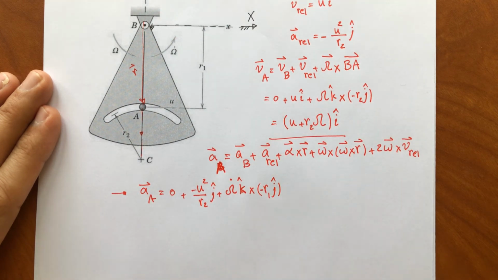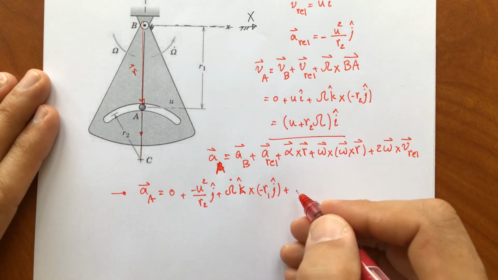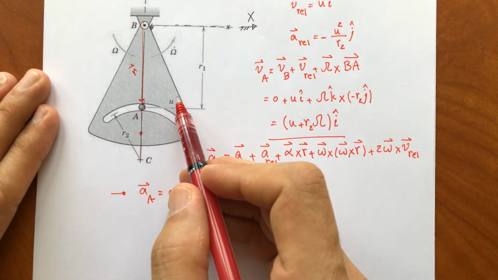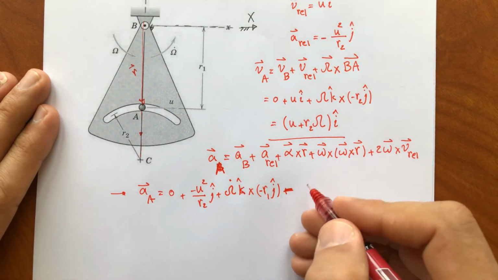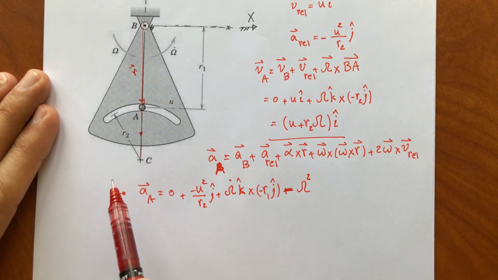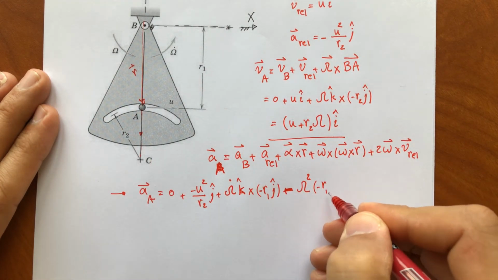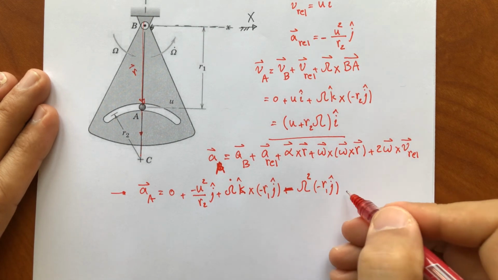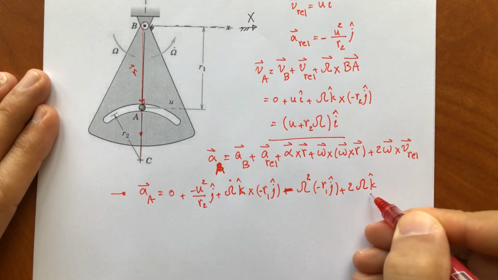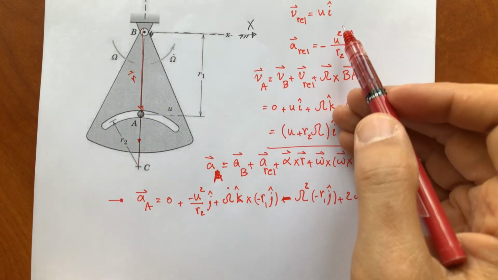Plus omega cross omega cross r, again you can replace it with negative omega squared, so negative capital Omega squared, the angular velocity of the frame, times r, and r again is r1 in the negative j direction, plus 2 times capital Omega in the k direction, this is my omega, cross the relative velocity, and v rel, we found it here, right?